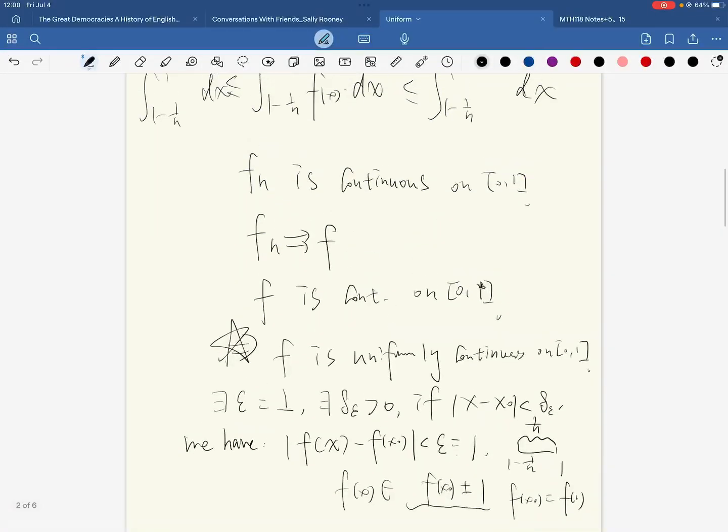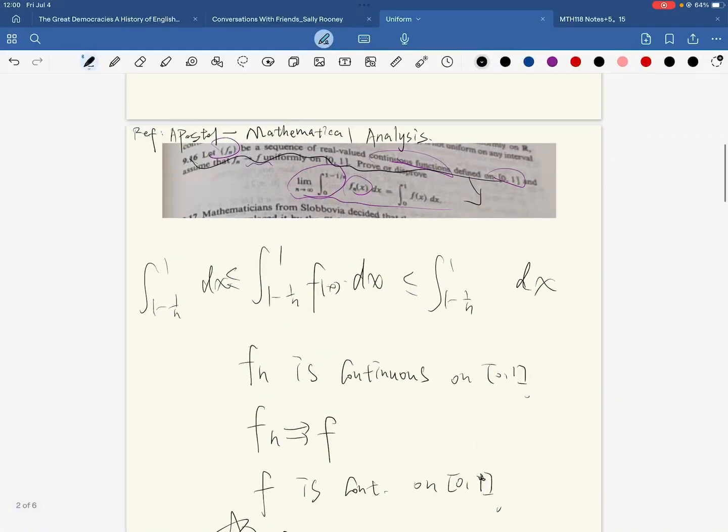Here we could just write f(1) plus 1, and this is f(1) minus 1.